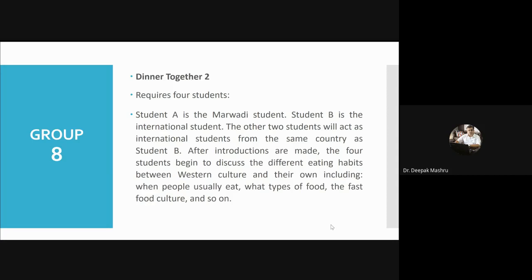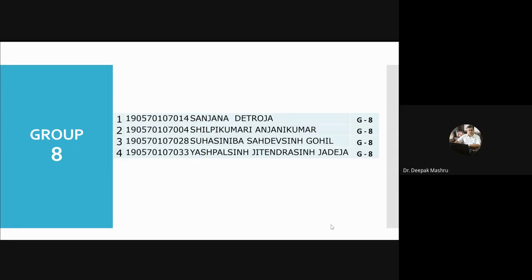But I wish that with the group that comes first randomly, right, we'll make sure that they may add more flavors at runtime, fine, if they wish to. Fine. Okay. So these are the 4 students: Sanjana, Shilpi, Suhashini, and Yashpalsi, right?